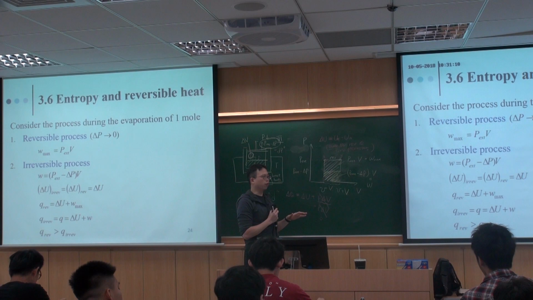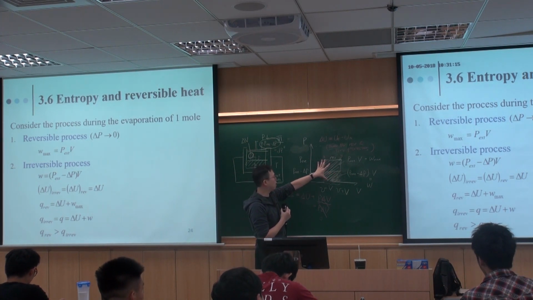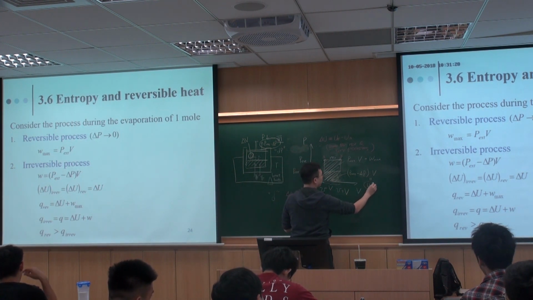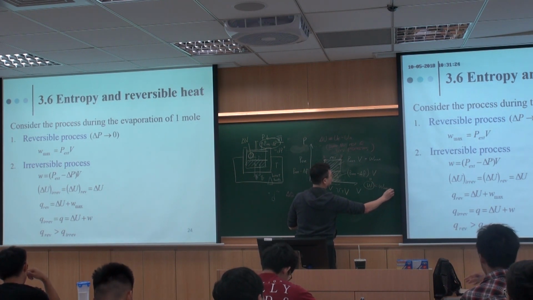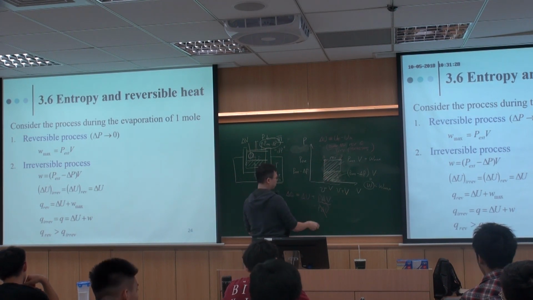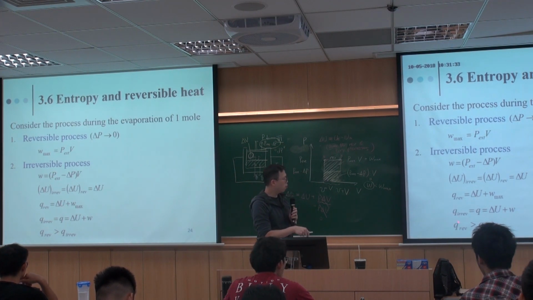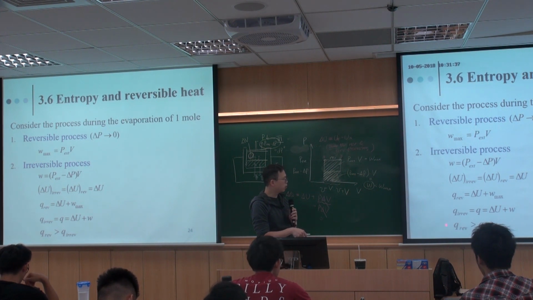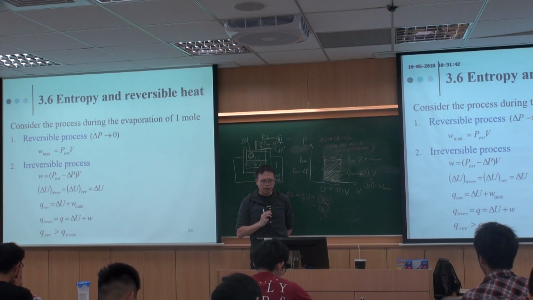Because right now, for this irreversible process, the work done by the system is less than the maximum work. So in this case, this W over here is less than W max, from the area that we see over here. And therefore, if you look at the heat, you'll see that the reversible heat is greater than the irreversible heat. What does that mean?